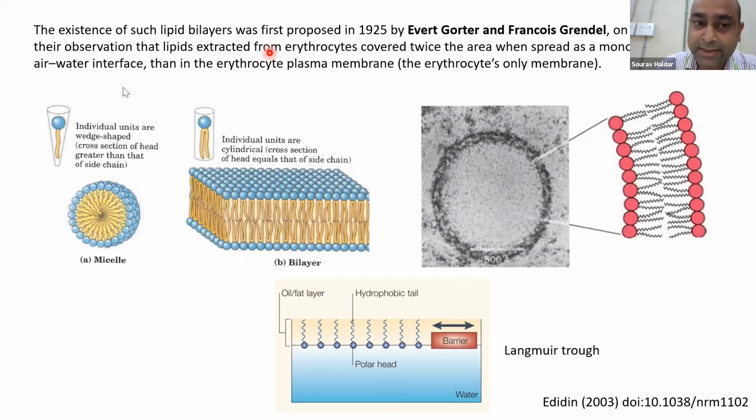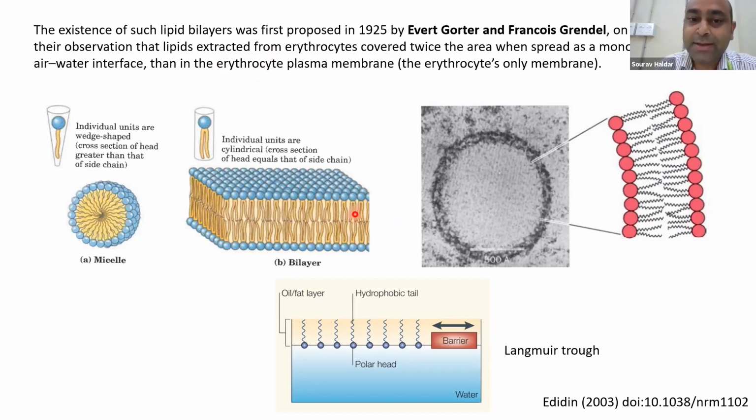They chose a cell which has only plasma membrane, and for that purpose they chose RBC or erythrocyte, because erythrocyte doesn't have any other membrane bound organelle. So they could very easily isolate all the lipids from erythrocyte and estimate the area of all the lipids. How? I'm coming to that shortly.